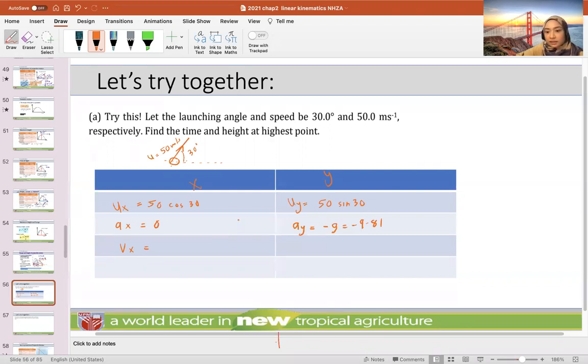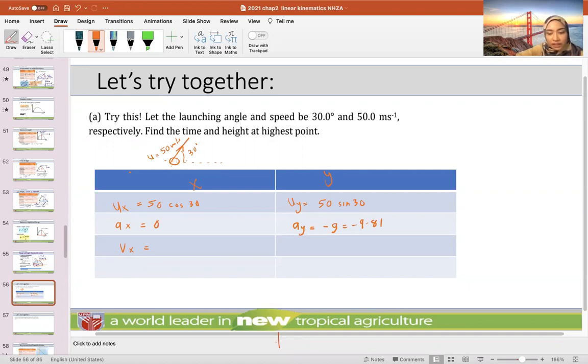Okay, you're there. How, Harry? If using linear kinematics, which equation? We have U, we have a. Which equation can we use? Anyone wants to help Ifa? Sorry, Doctor, I'm blur.